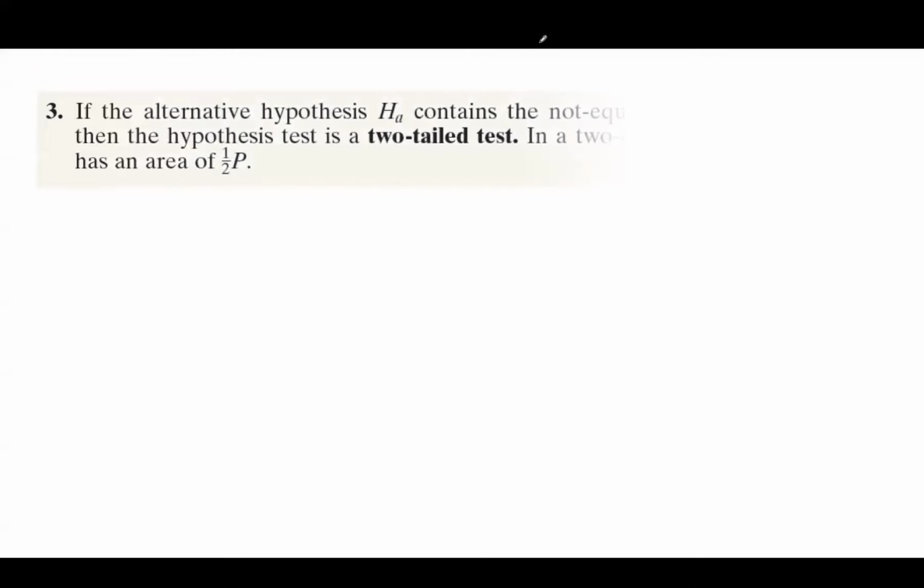We also have a two-tailed test. If the alternative hypothesis, HA, or another way that we represent this, H1, contains the not equal to symbol, then the hypothesis test is called a two-tailed test. In a two-tailed test, each tail has half of the p-value, everybody.